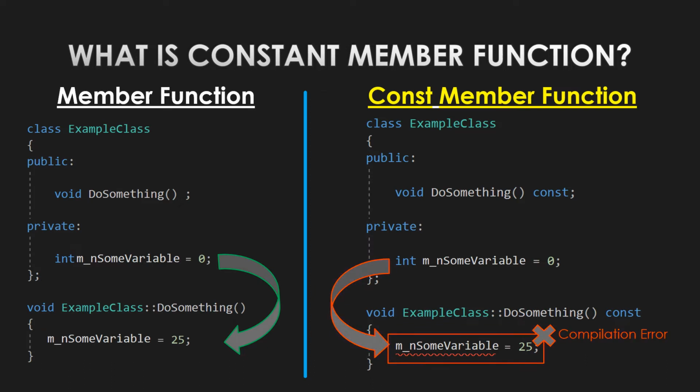It is not allowed to modify any member variables of the object unless that member variable is marked as mutable using the C++ mutable keyword. Anyway, similar to normal member function, a constant member function is allowed to perform any read-only access on member variables.